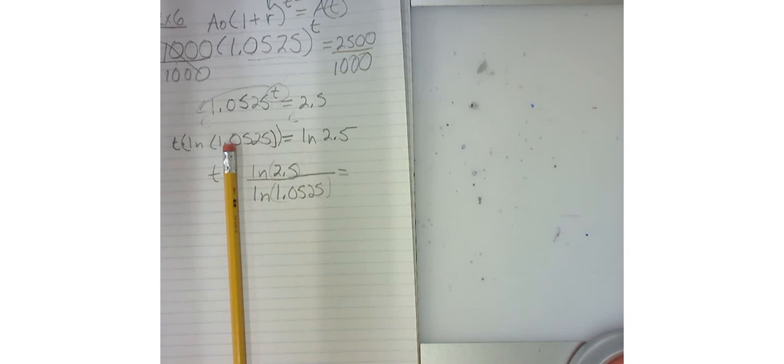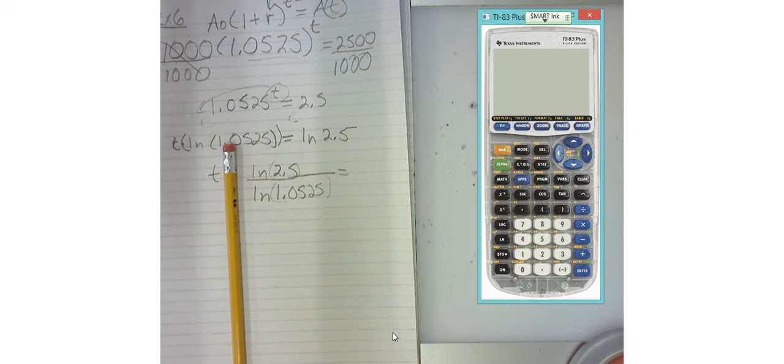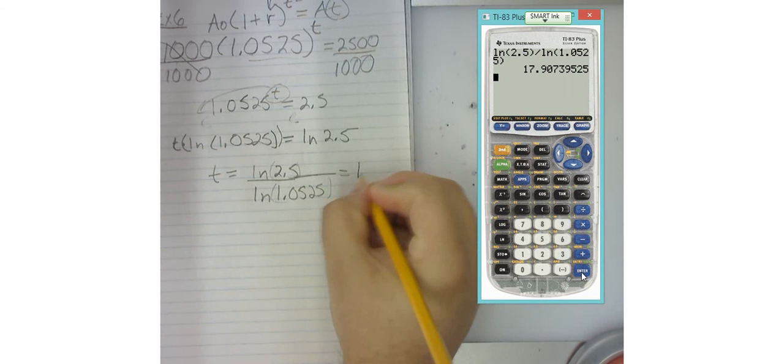So I'm going to plug those into my calculator, and you could do it all in one step if you want to. So I'm going to say the natural log of 2.5, close my parentheses, divided by the natural log of 1.0525, close my parentheses, hit enter, and I've got 17.9 roughly, if I round that.